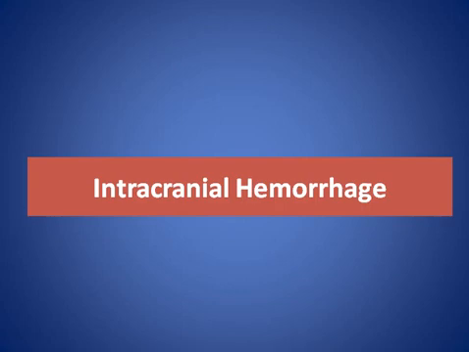If it is intraparenchymal, we call it intracerebral. If it is intraaxial, it can be intracerebral or intraparenchymal, or it can be extraaxial and can be in the epidural space, subdural space, and subarachnoid space.